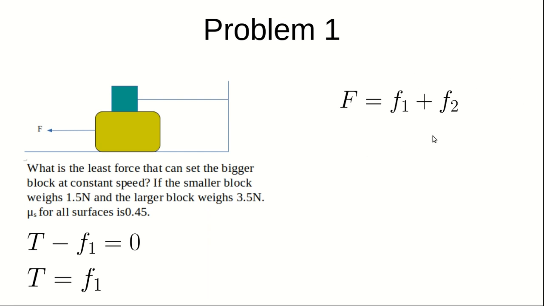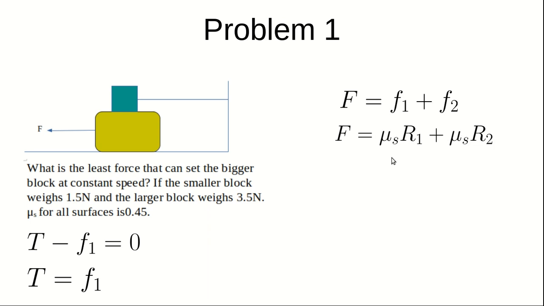As long as it's not accelerating, then it's not equal to ma. Now we notice that our F1 is mu times R. This one is also mu times R. So let's see, mu s, where this is the coefficient of sliding friction. So mu s R1 plus mu s R2, right?